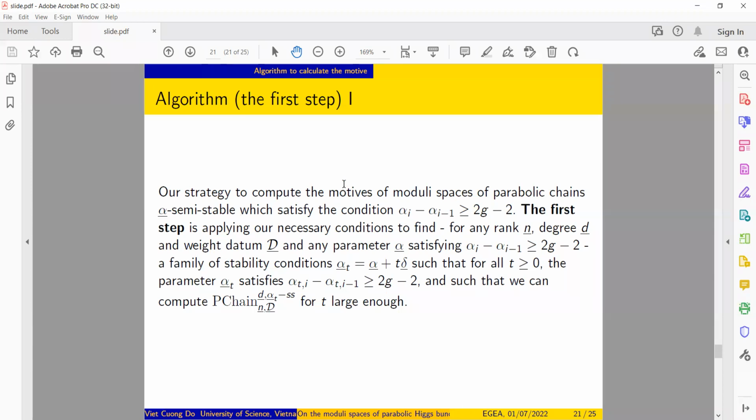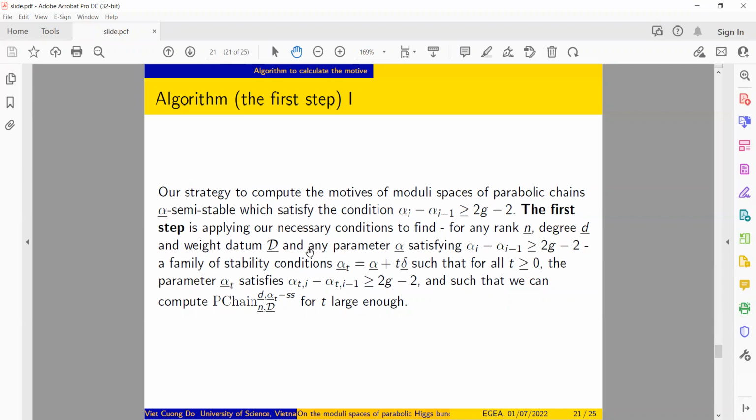We know that we have alpha equal to 2g minus 2, and so on. For our application, we need to compute the motive of the moduli space of Pareto chains for this condition. Okay, so it's satisfied. Our application is inside this condition also.